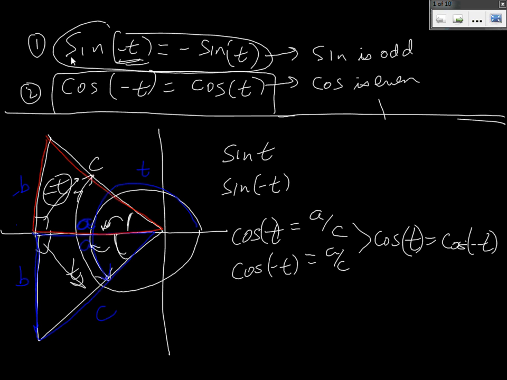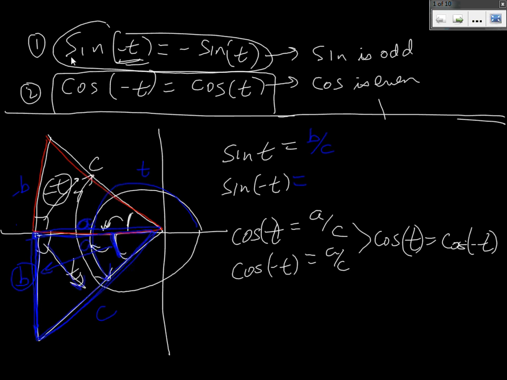And what about the sine of t? Sine talks about the opposite. Well, like we said a moment ago, angle t is associated with this reference triangle, where that's the reference angle. And the sine is opposite divided by hypotenuse. It is b over c.